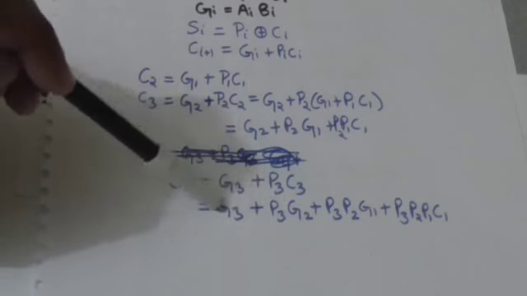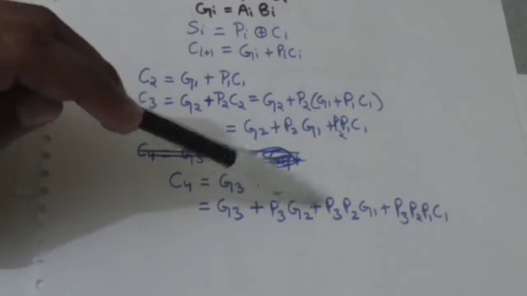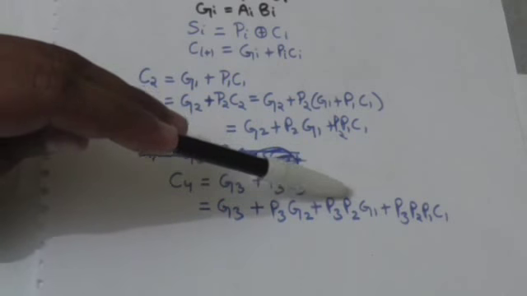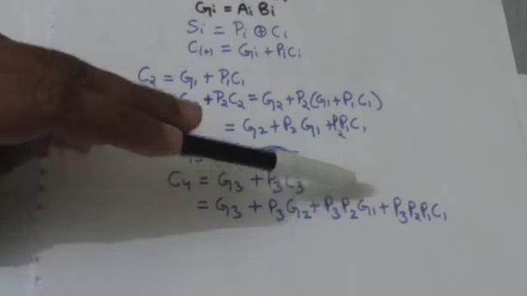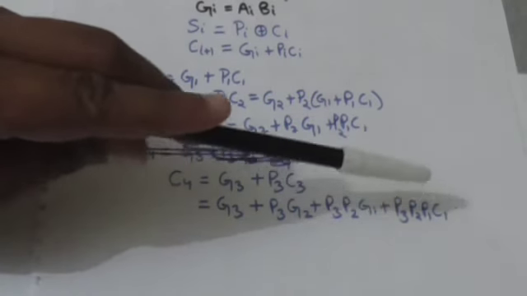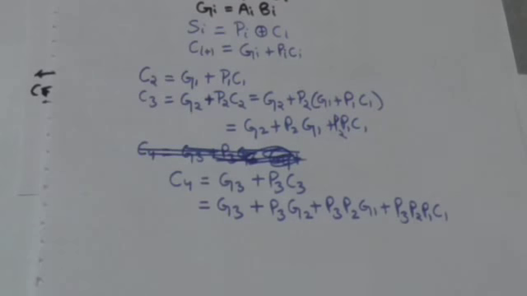So it will become G3 plus P3 G2 plus P3 P2 G1 plus P3 P2 P1 C1. Now we have got Boolean functions for C2, C3 and C4.